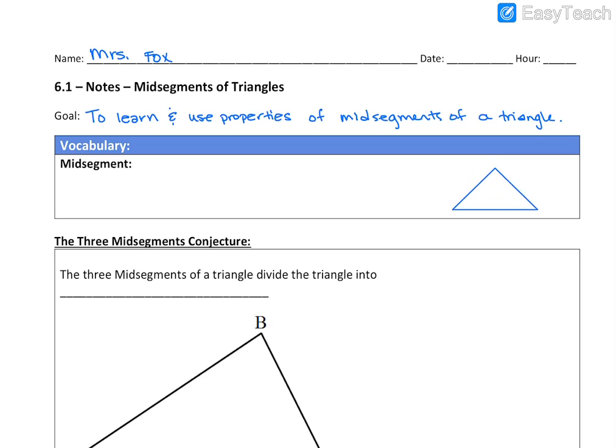Draw a triangle here. There's a triangle. Now let's say here's the midpoint, mark the midpoint by marking those two sides congruent, and let's say this is a midpoint of this side.